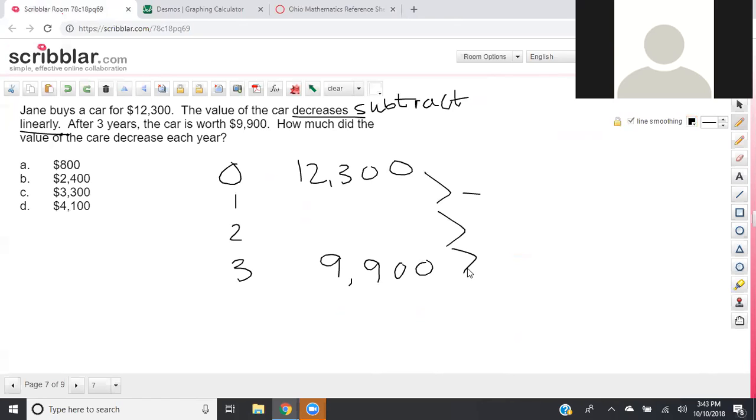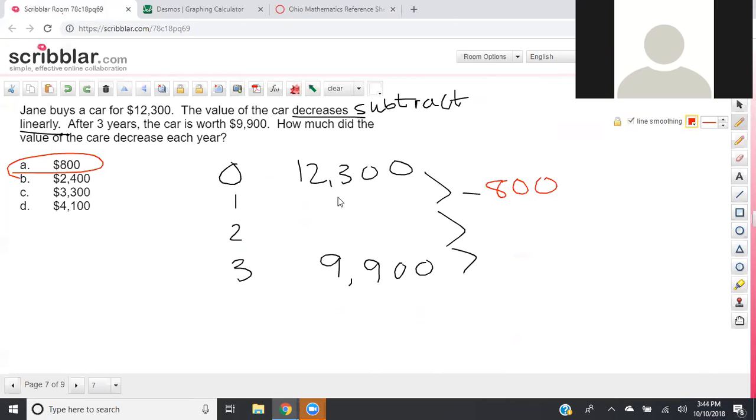So we're going to have to decrease 3 times by the same amount and end up at 9,900. For a problem like this, I think it's easier to use the answer choices and just try them out. If we minus 800, where does that take us at the end of year 1?